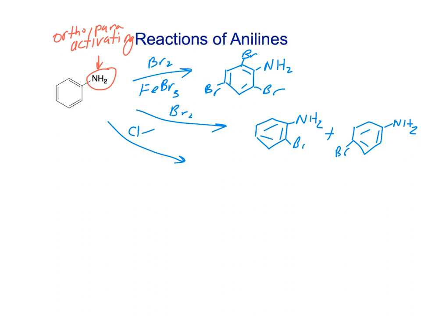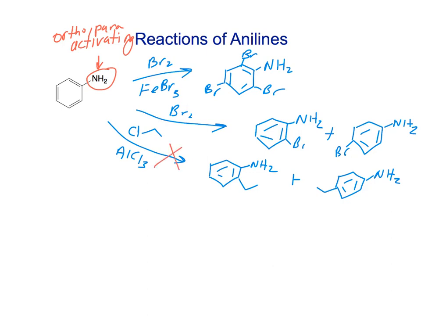Let's just maybe add an ethyl group on here, with aluminum trichloride, to give a mixture of the ortho plus the para ethyl anilines. Does that work fine? No, there was a problem with this. Okay? And so in fact this doesn't work.